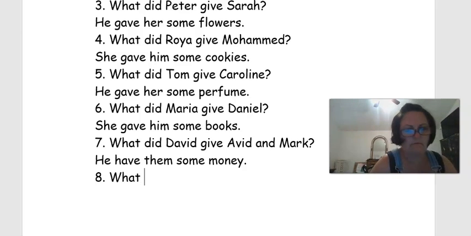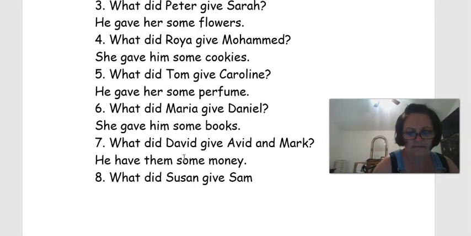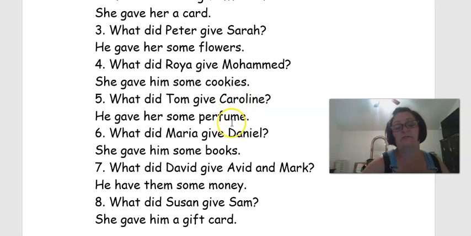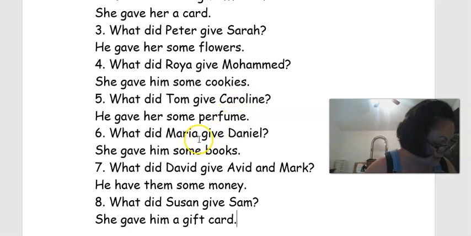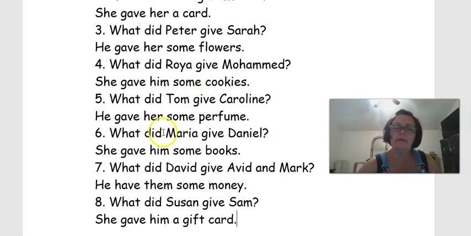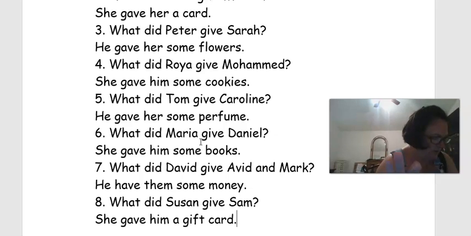What did Susan give Sam? She gave him a gift card. Okay. Sorry, guys. I hope those are some of the right names. Obviously you can tell I had a really hard time reading them. But anyway, your sentences should look like that, give or take some. The names may be different, but the sentences should reflect those. Okay.